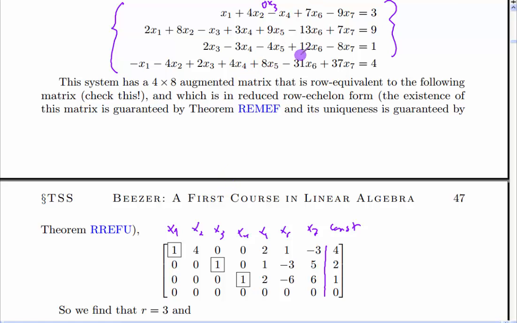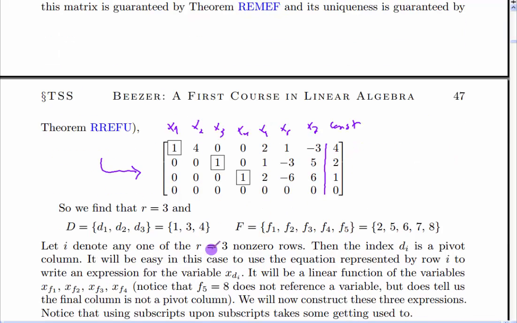Now, it turns out that if you write this augmented matrix and then you find its reduced row echelon form, you end up with this. I'm not going to go through that because when you have a system this large, you never do it by hand. You'll always use the computer. So you'll just take my word for it that when you take this system of equations and find its reduced row echelon form, you'll end up with this form here.